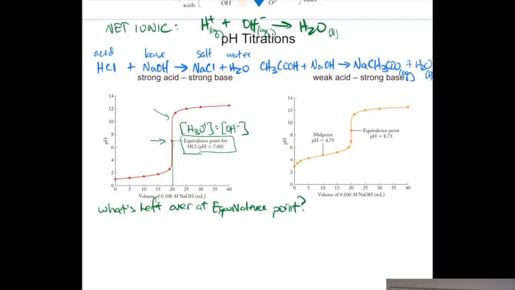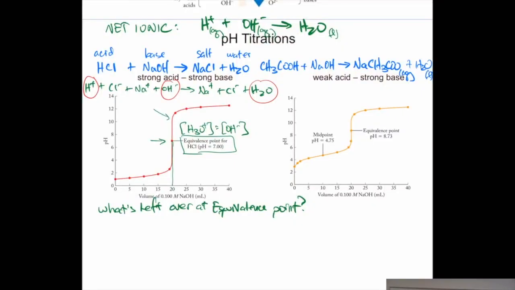What's left over? So at the equivalence point, all of this has reacted with all of that to give water. So what's left over? Well, the water's there, but the ions, what ions are left over?